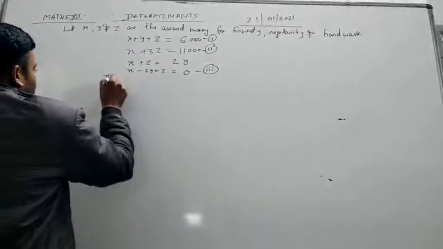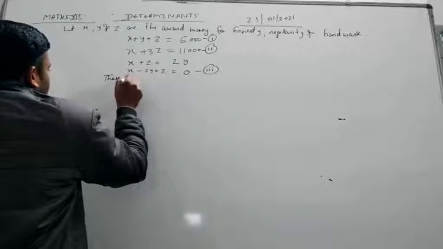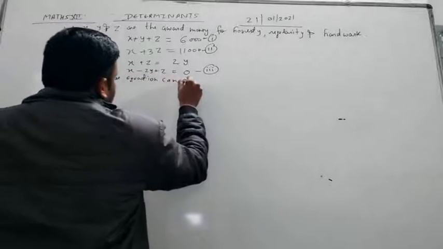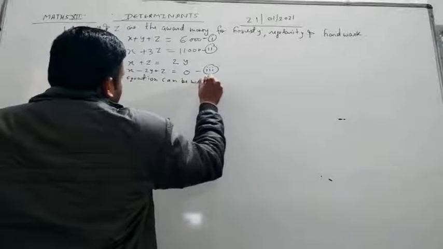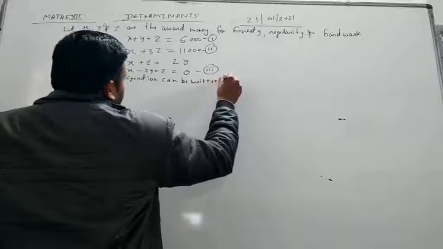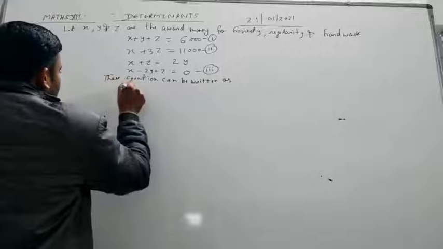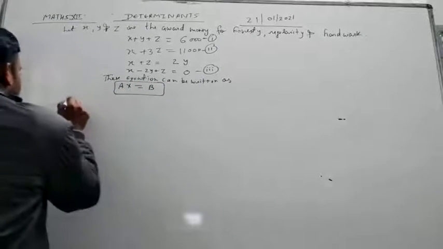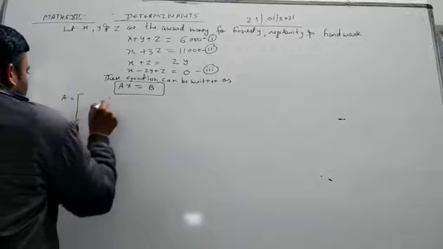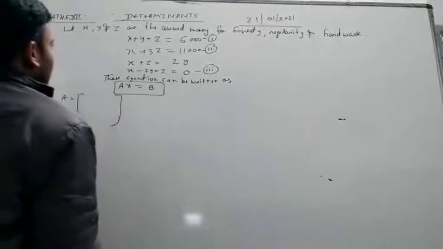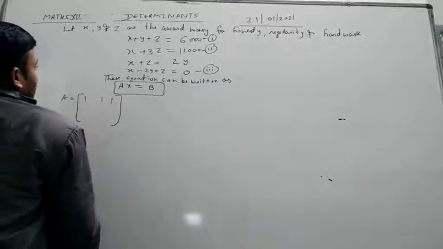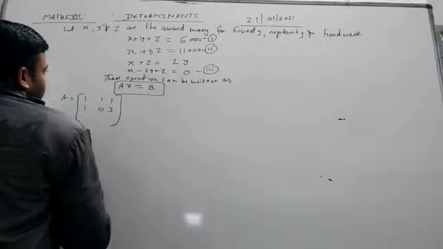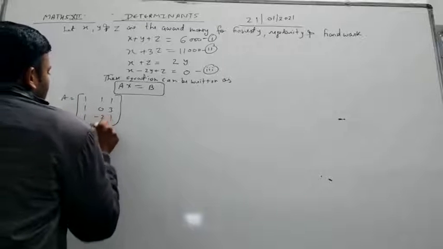We can write these equations in the form AX equals B, where A is 1, 1, 1 and 1, 0, 3 and 1, minus 2, 1.